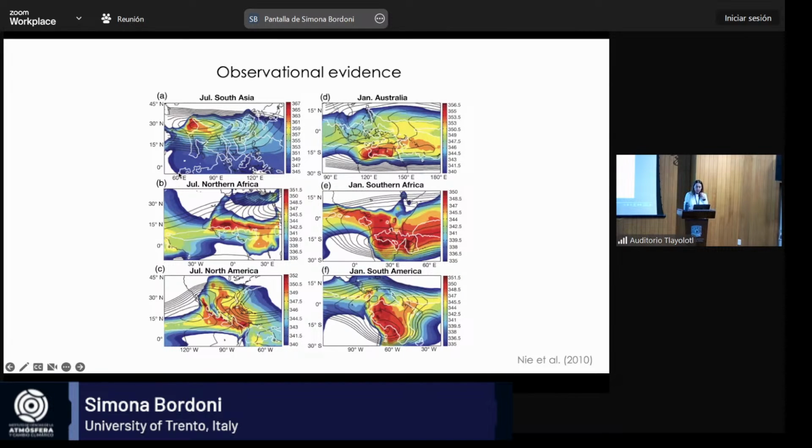Of course, and I'm not sure I'll have time to go back to this point again, so let me say it right now. Of course, one might think, oh, but of course, moist static energy in the boundary layer seems to be much more structured than the upper tropospheric temperature. And absolutely, yes, you are right, because the upper tropospheric temperature in the tropics is constrained to have weak gradients. This is something that has been hinted at yesterday as well. The tropical atmosphere, because rotation is dynamically not important, cannot sustain strong temperature gradients.